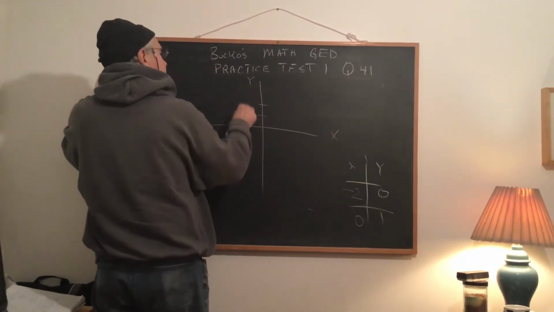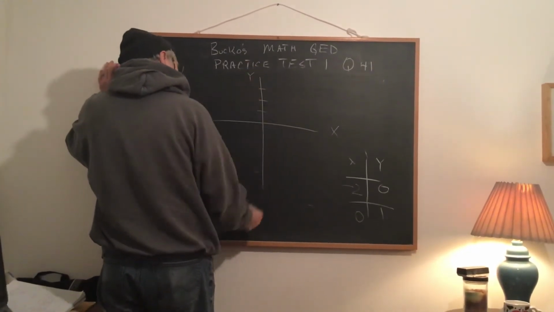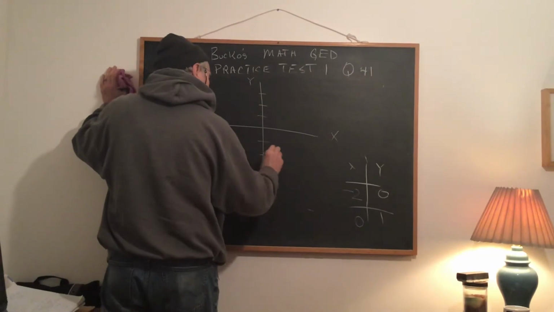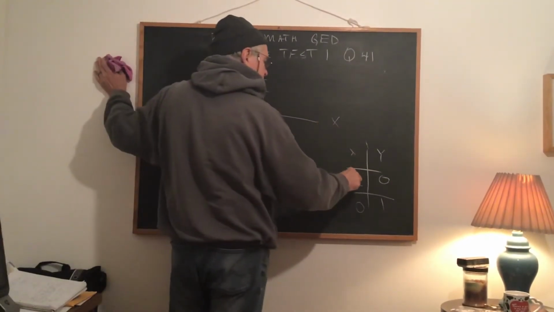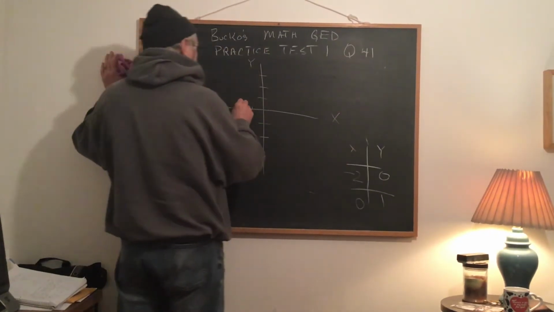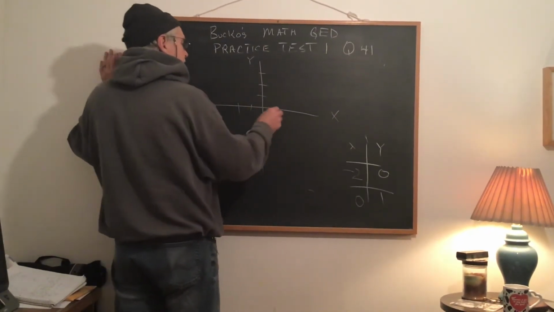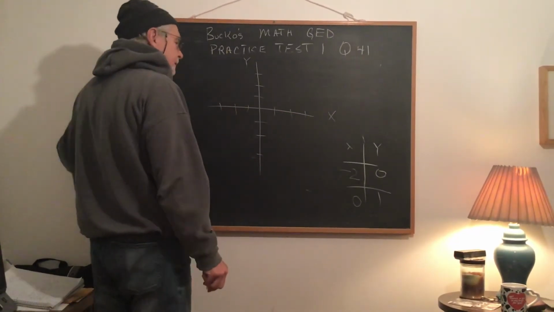And remember, y is the only member with the stem going up and down, so the y is the up and down one. And the x is the left and right. And these are always given in alphabetical order, so x comes first and then y. This is a negative x value, here's positive x value. I think that's all I'm going to need.